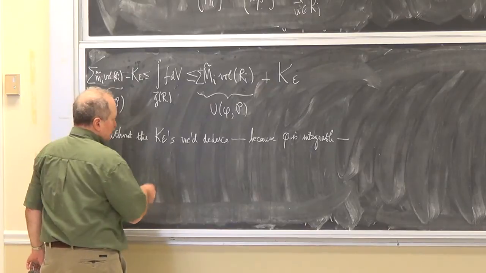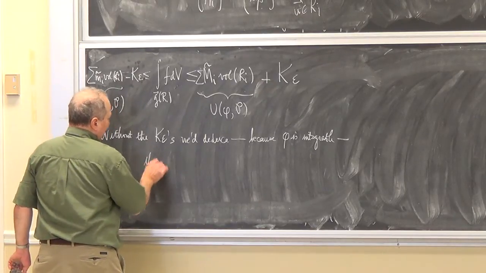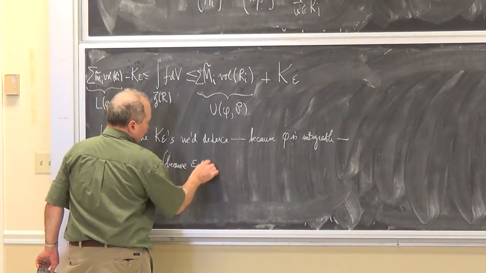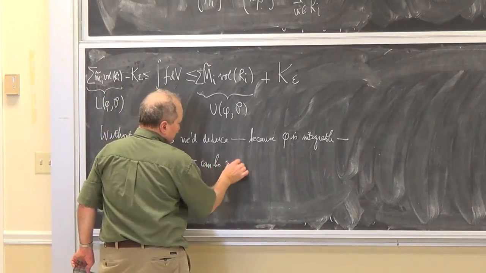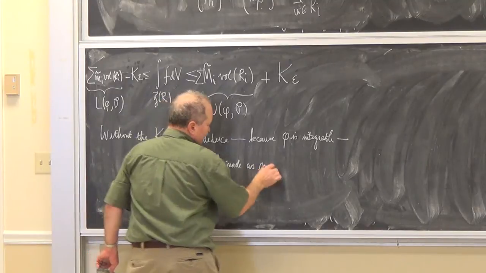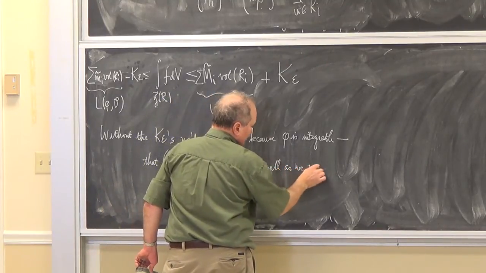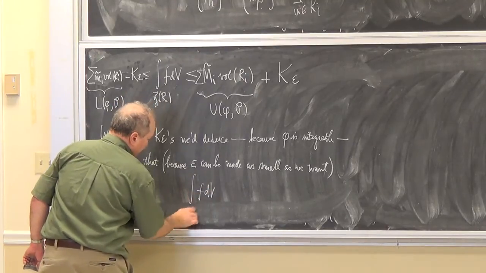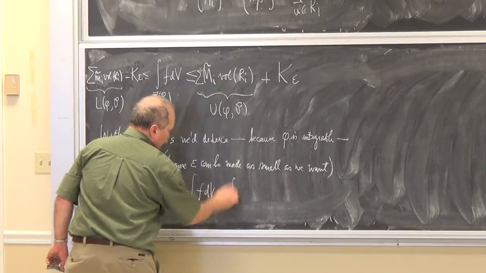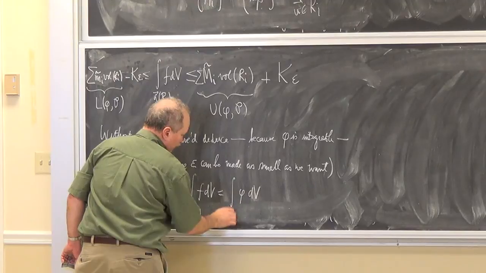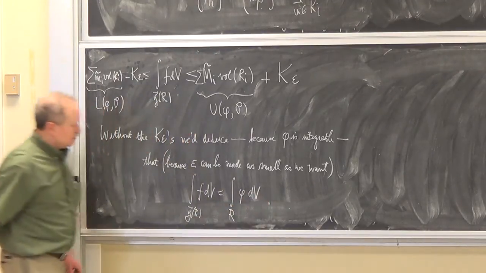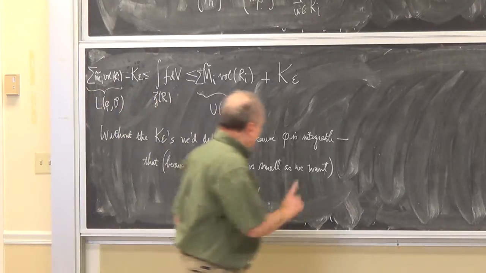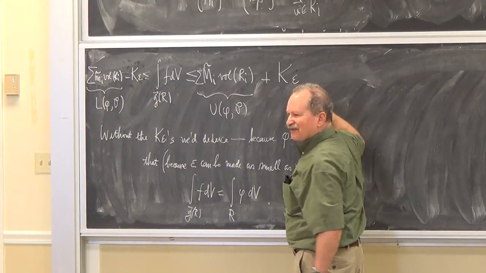So we deduce that because epsilon can be made as small as we want, the integral of f over g of r is the integral of phi over r. But the problem is that these epsilons are there.